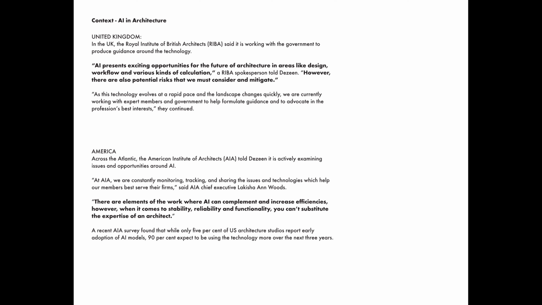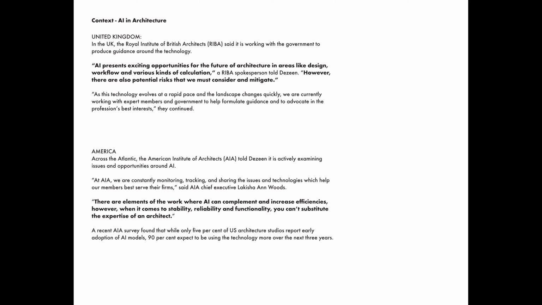I first wanted to open up with giving a little bit of context as to how AI in architecture is currently being viewed. We look at two different examples here. The first from the Royal Institute of British Architects and the second from the American Institute of Architects. The Royal Institute of British Architects was noted as saying, AI presents exciting opportunities for the future of architecture in areas like design workflow and various kinds of calculations.